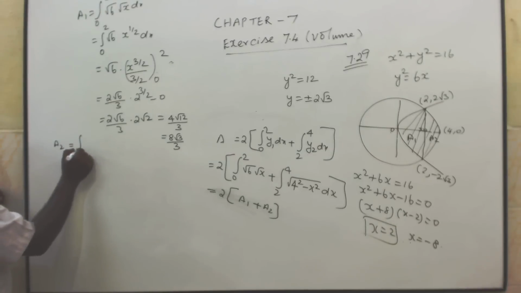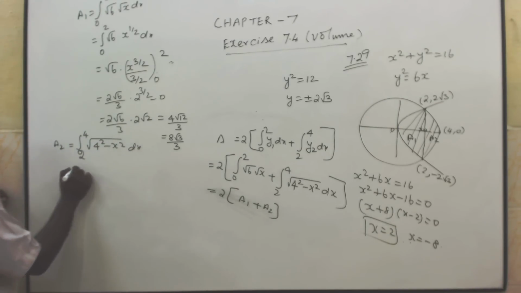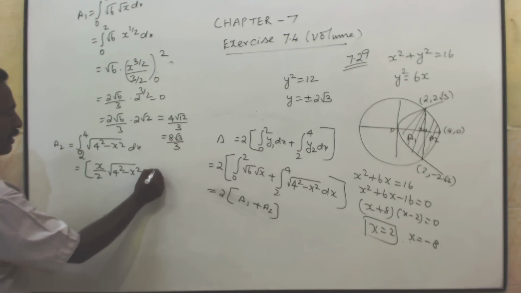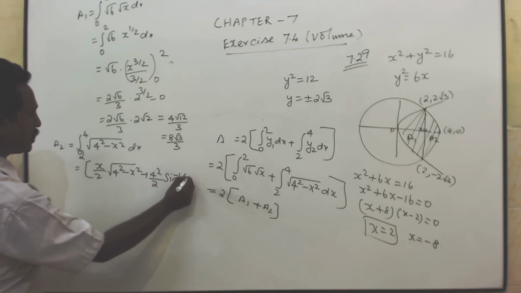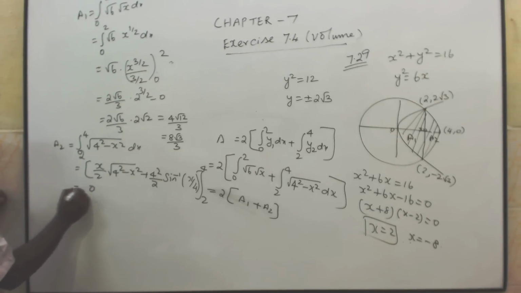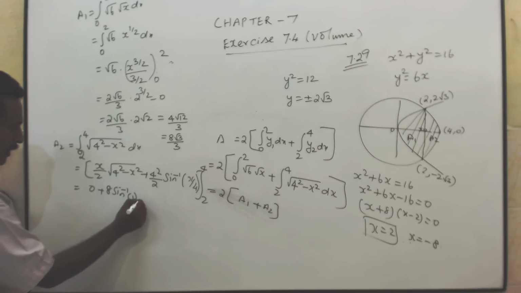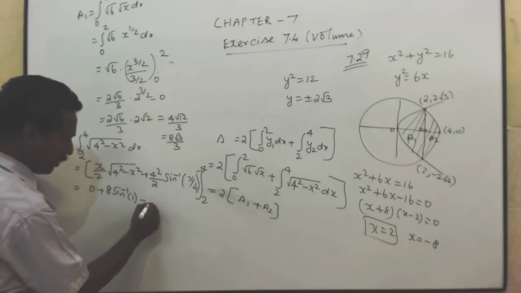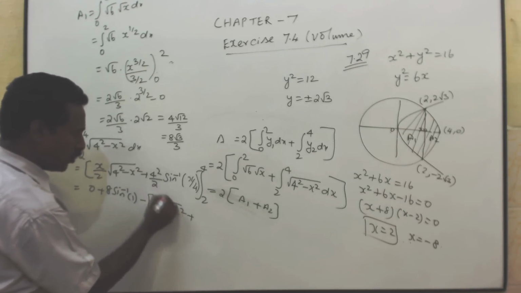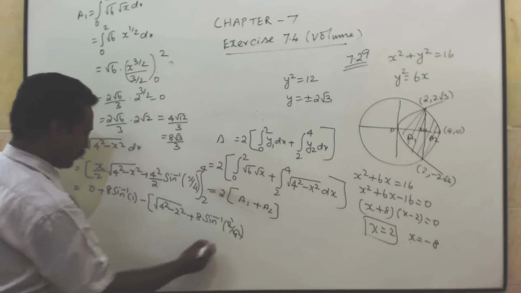Second part, 2 to 4 root of 4 square minus x square dx. Formula: x by 2 root of 4 square minus x square plus a square by 2 sine inverse of x by a, with limit 2 to 4. When we apply 4, this is 0, plus 16 by 2 is 8, sine inverse of 1, minus 2 by 2 is 1, root of 4 square minus 2 square, plus 4 square by 2 means 8, sine inverse of 2 by 4, which is 1 by 2.